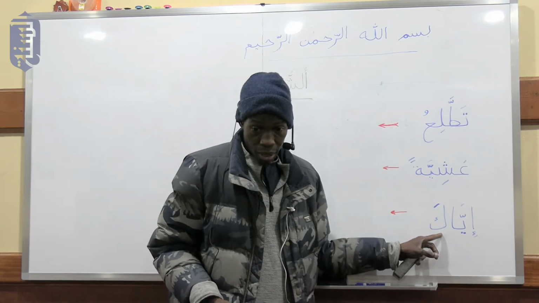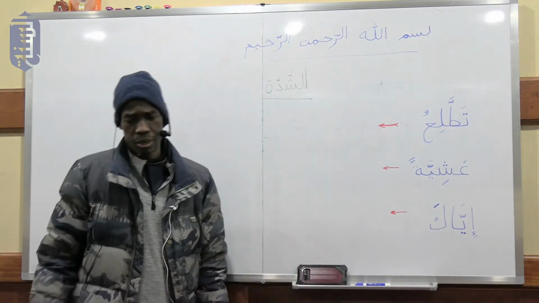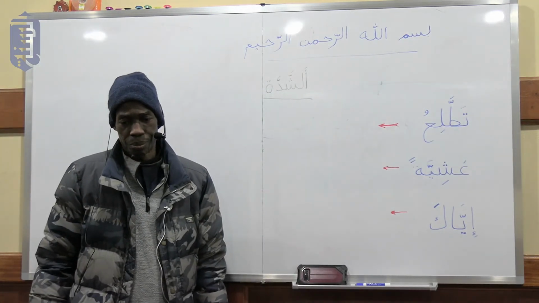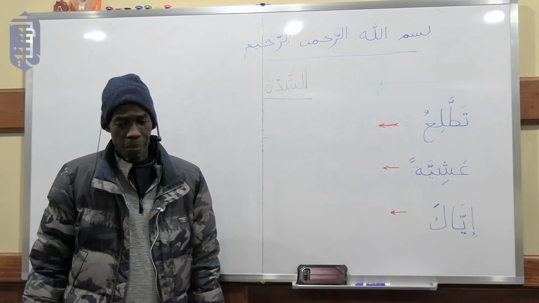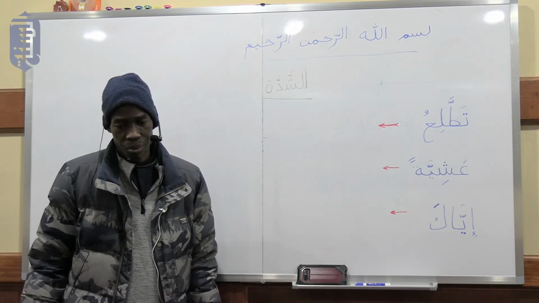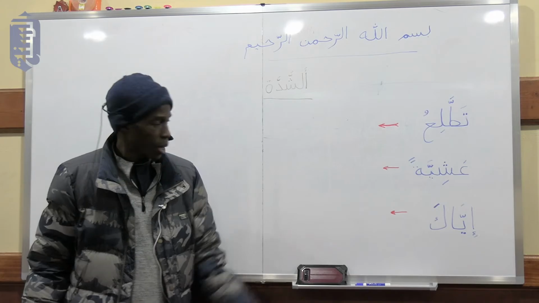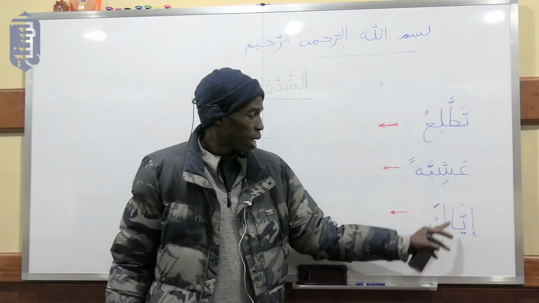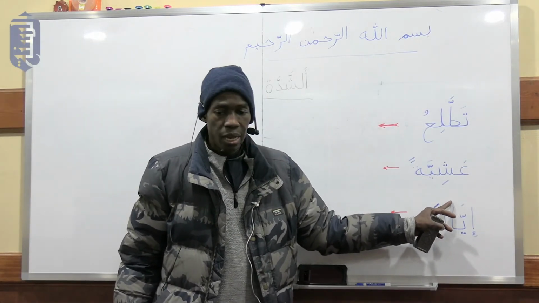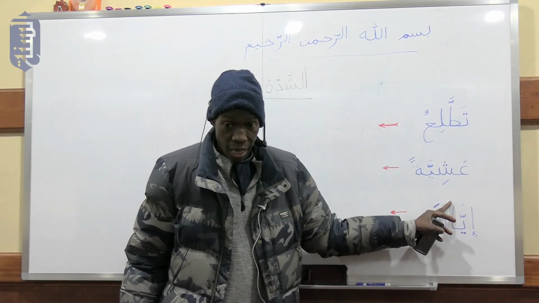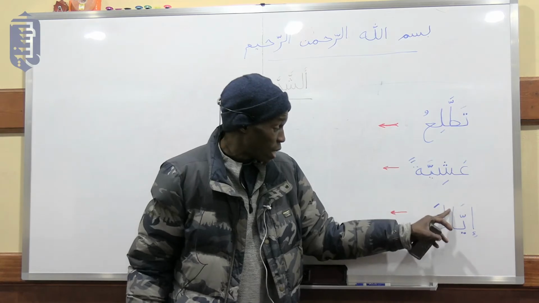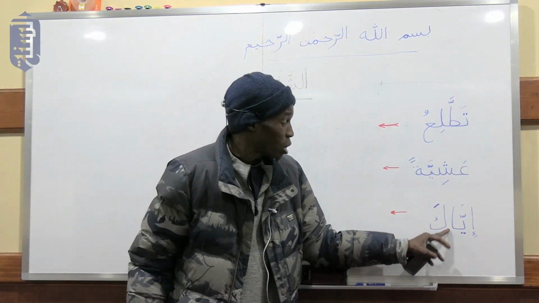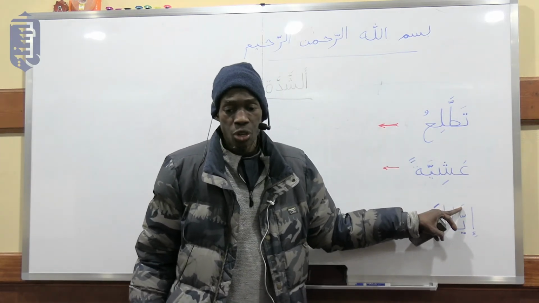Correct? I was too fast. Where did I lose you? When you said about the alif. So this alif is like an elongation. It elongates a fatha. The reason this alif is an elongation is because it comes right next to the short vowel fatha.